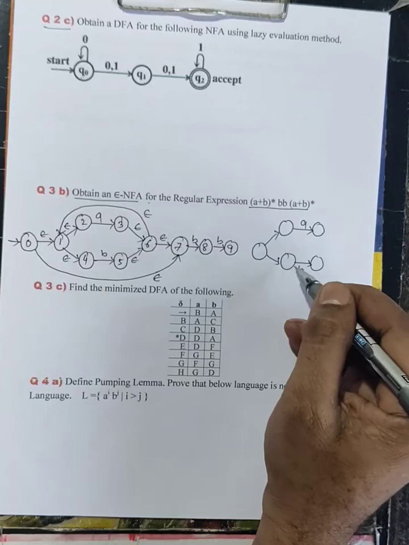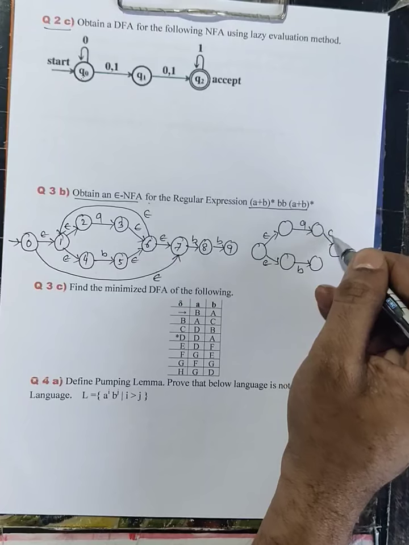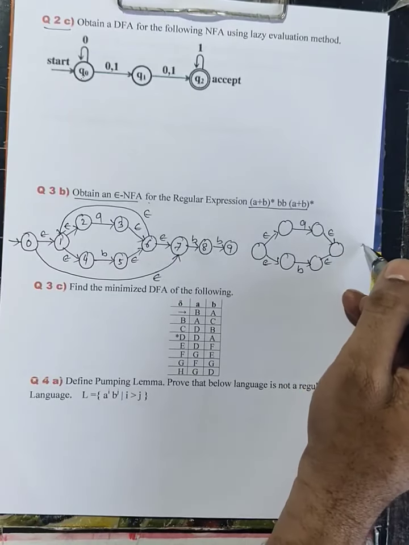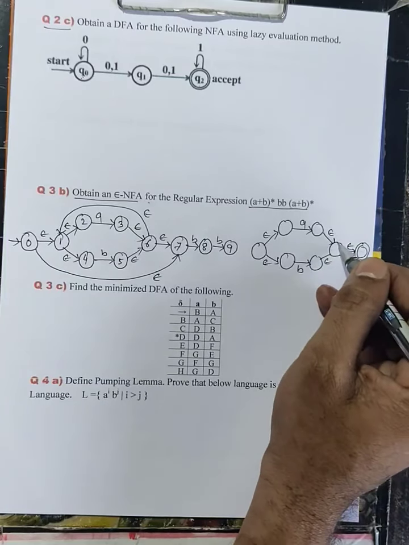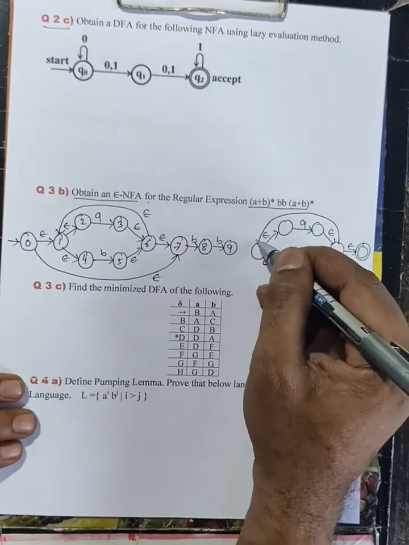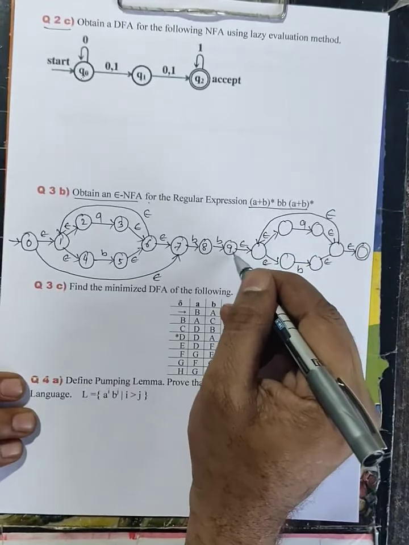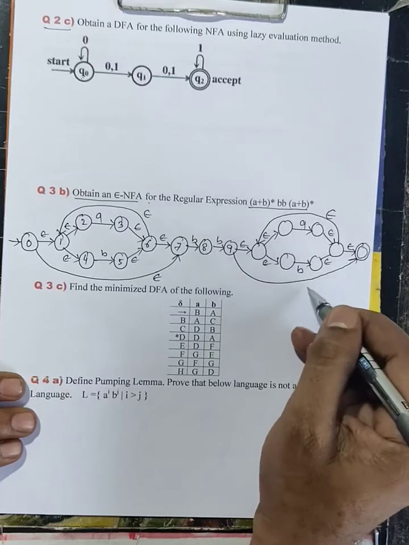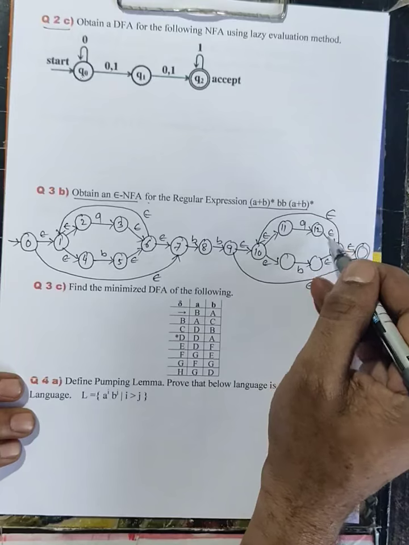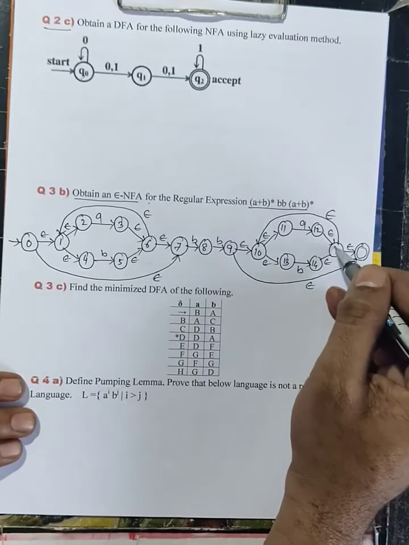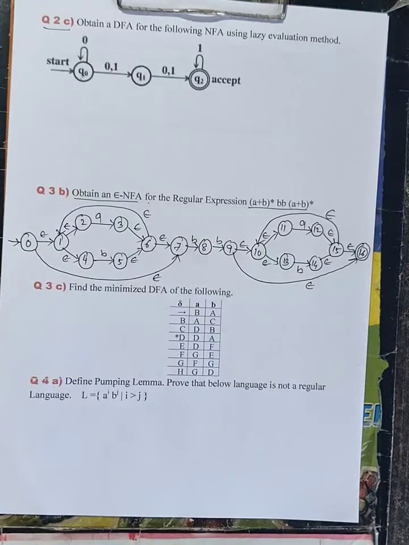This is A, B, epsilon. For this we can add one more, that is the final state, with epsilon. This is one transition using epsilon and another transition from this state, epsilon. This is 9, 10, 11, 12, 13, 14, 15, 16. This is the epsilon NFA from the regular expression.